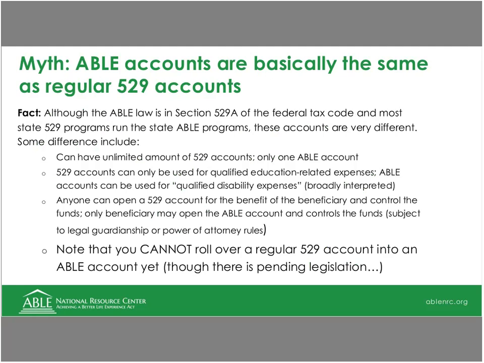ABLE accounts can be used for things that college savings accounts cannot be used for, such as doctor's visits and other expenses that are related to an individual's disability. So both of these are distinct financial products that share a heritage and have some overlap, but have some very important differences.